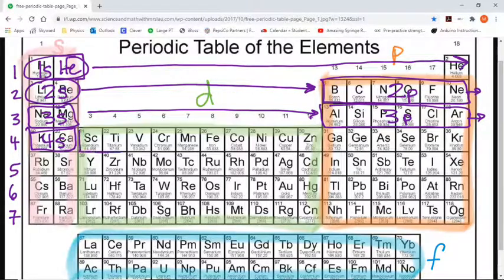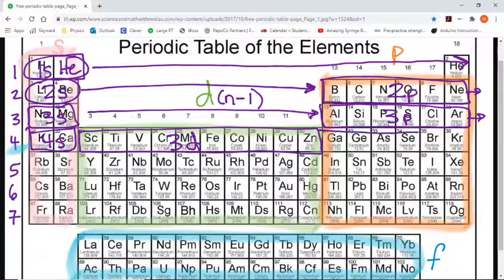When I hit this section right here for D, we actually have to take the energy level and subtract 1. And that energy level, hopefully you've noticed, matches with the period number. So I take the 4 right here, subtract 1 and get 3, so that section is labeled 3D.